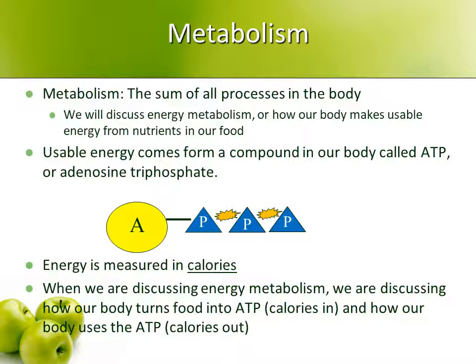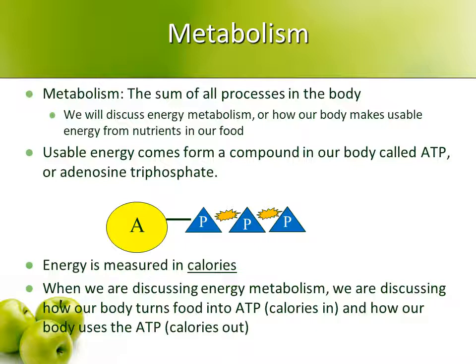You see the big A for the adenosine, and then you see 3 phosphate groups, the little triangles with the phosphate on them. In between the phosphate groups, you'll see an illustration that PowerPoint calls the BAM illustration. I thought it was very fitting. So you have some little BAMs between your phosphate groups here. That represents the high energy bonds between those phosphate groups.